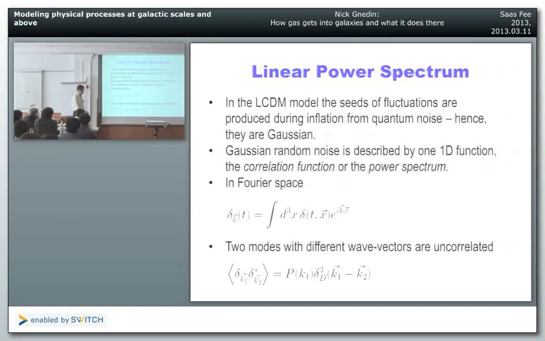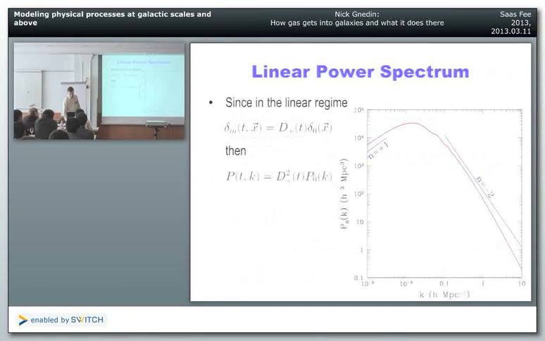So the average, if I average over all possible universes, which in practice means I take some volume and average over different realizations of this volume, is proportional to the Dirac delta function. It's 0 when k1 is not equal to k2, and when they're equal, it depends on the power spectrum. So this P of k is this one-dimensional function, the power spectrum, that determines everything there is to know about this Gaussian random field.